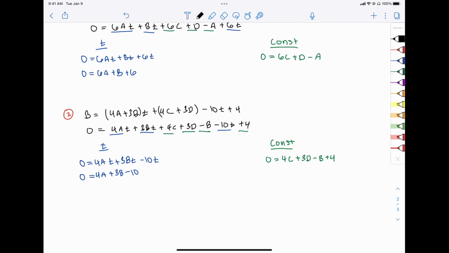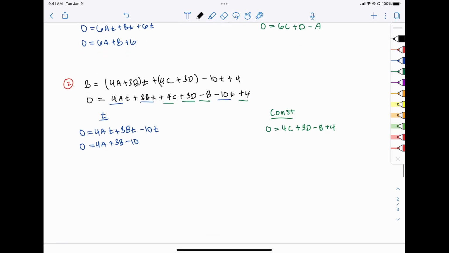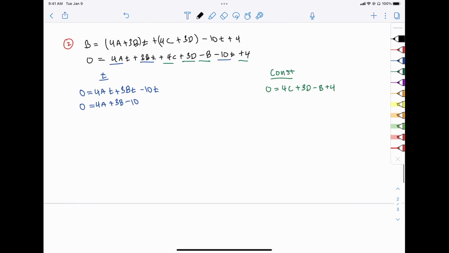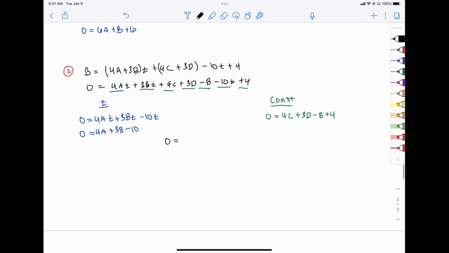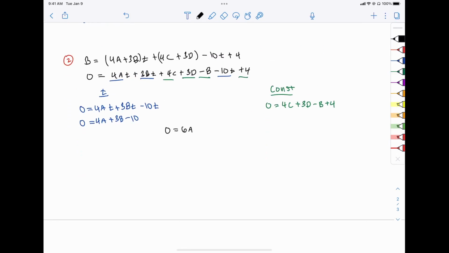Doesn't matter. So yeah, let's just start with the t's, because why not? So I'm going to rewrite. We have 2 t equations, so 0 equals 6a plus b plus 6.